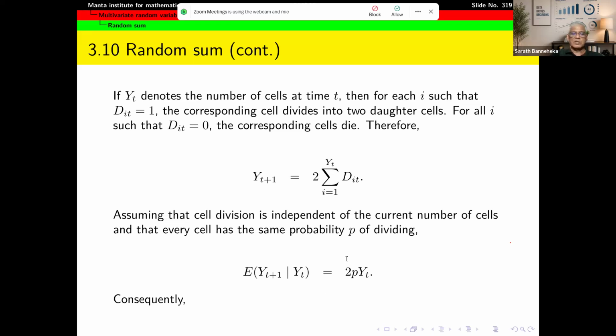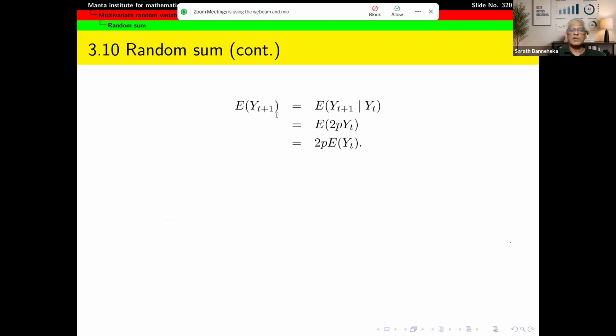Right. So therefore, the expected value of Y_{t+1}, the marginal one, not the conditional one, will be equal to the expected value of this quantity. That is repeated expectation, right? If we want to find the expected Y_{t+1}, that is equal to the expected value of the expected value of Y_{t+1} given Y_t. So the expected value of Y_{t+1} can be written as this one, where we now know this is equal to 2p Y_t.